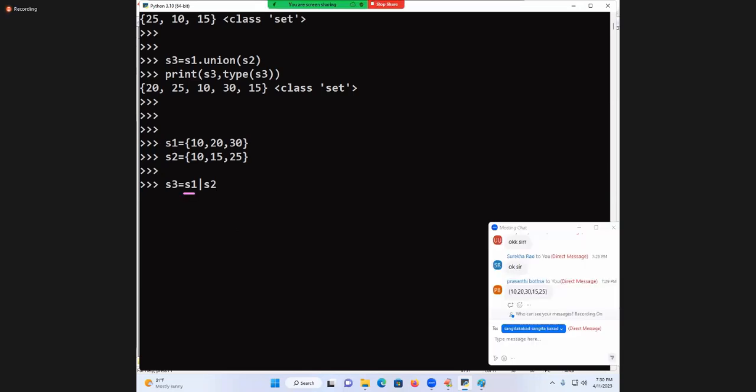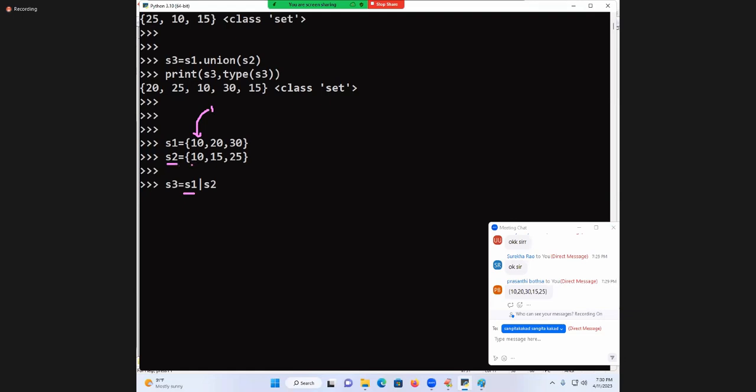First, what is the comparison? It starts with S1 values compared with S2. First, which value will be selected by PVM? 10. Whichever element you select is considered as binary bit 1. Whatever you made a selection of, that is 1, compared with the first value in set 2.